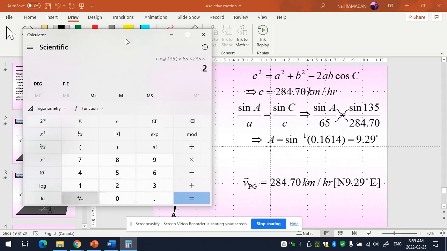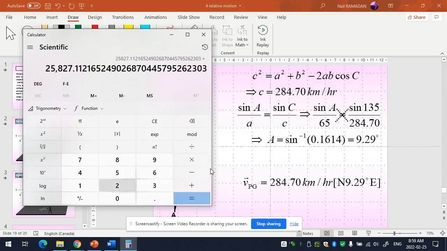And 2 with a negative. Okay, perfect. Plus this guy, plus this guy. So plus 65 squared, plus 235 squared equals, and then what do I do with this? Square root it.